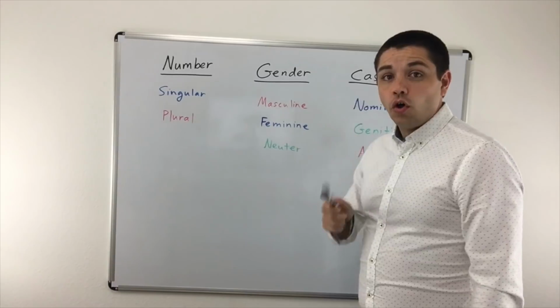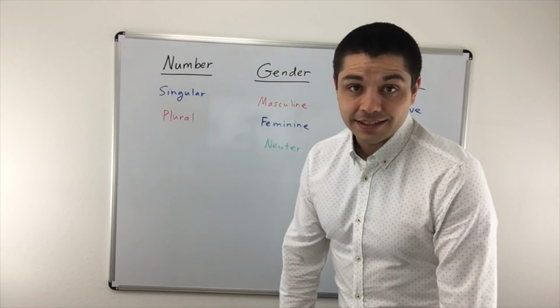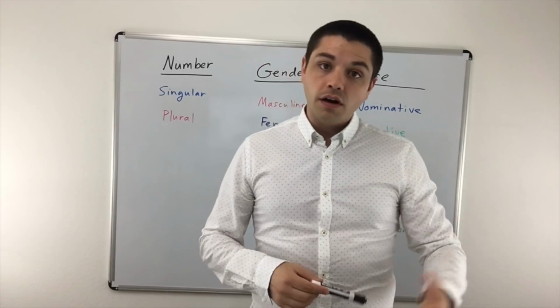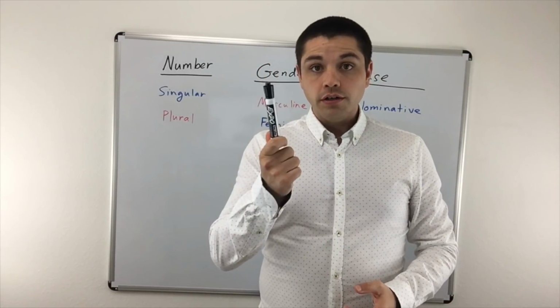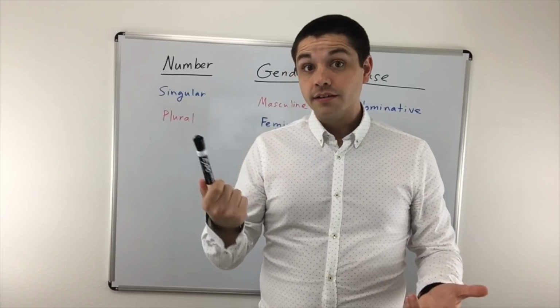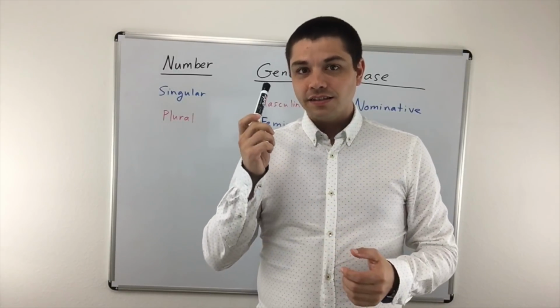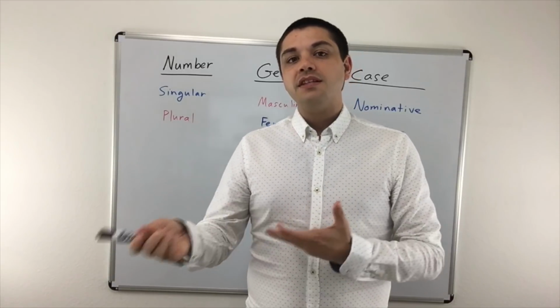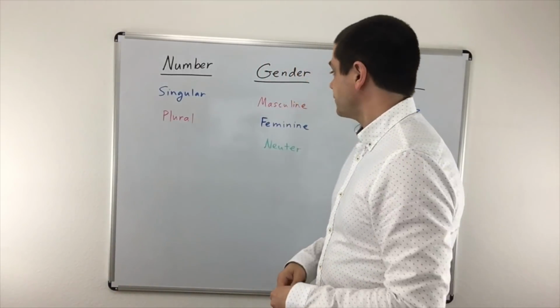Masculine nouns always end with a consonant. So it might end with a D or a T or an R. So for example, marker in Russian is marker, and the last letter of this word is R. And that means that it's masculine.